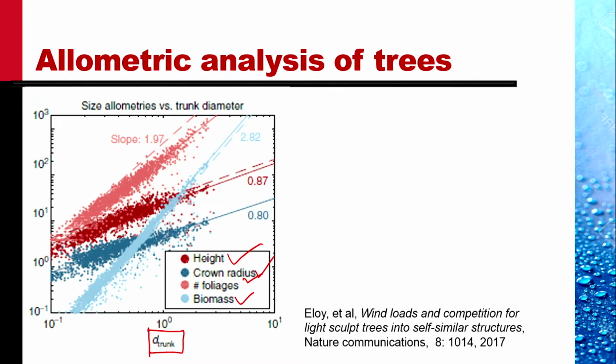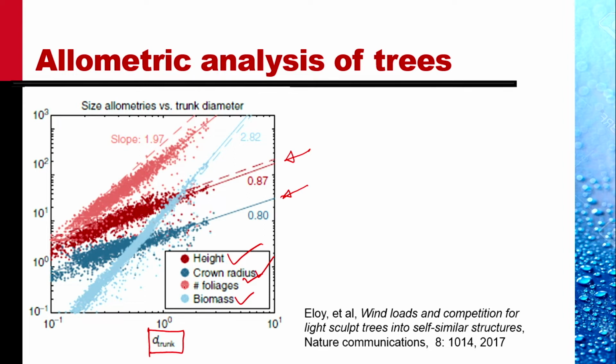The height and the crown radius, this line and this line, are length scales, so they should be linear with the diameter of the trunk. Here we see the power is 0.80 and 0.87. Not a very good agreement, but quite there.